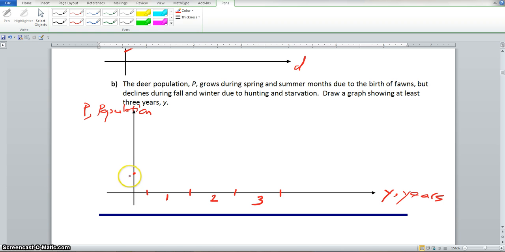Now remember, during the fall and winter, the population declines. Now we know typically, if we're starting at the beginning of a year, winter comes first. So the population is going to decline.